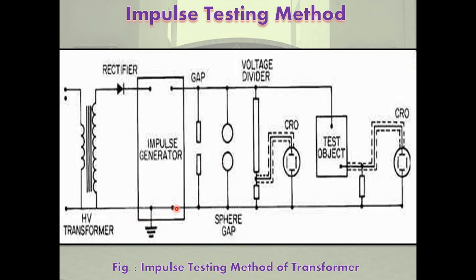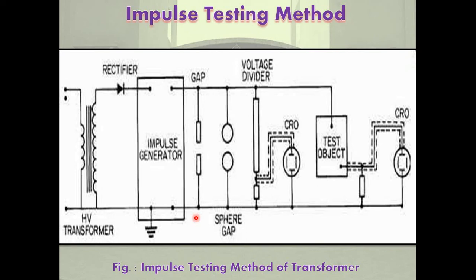Now, the standard sphere gap is a peak value measuring device constructed and arranged according to rules specified by the standards, some of which are given here. Before conducting a test, the standards pertaining to HV testing techniques and sphere gaps should be thoroughly studied.